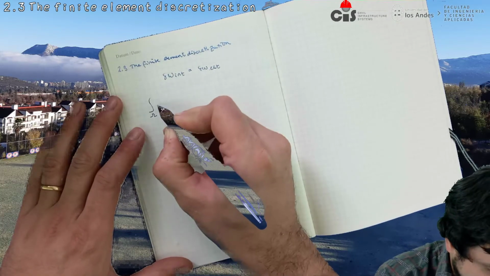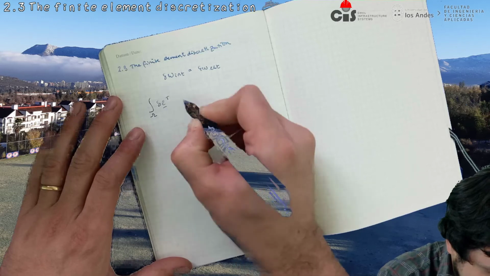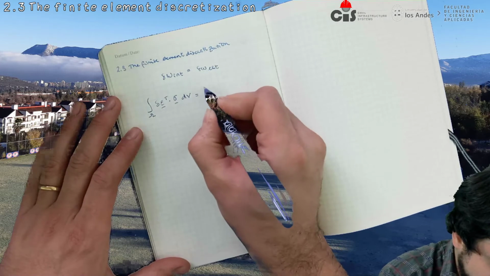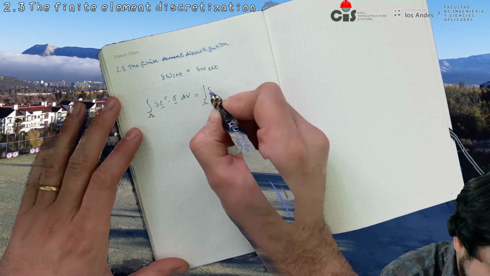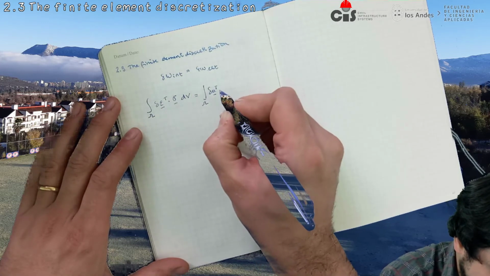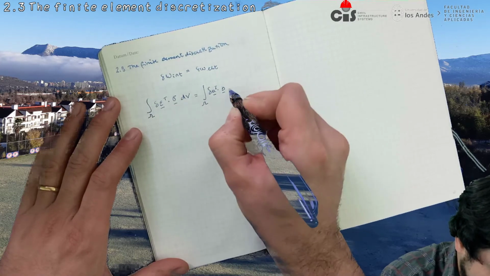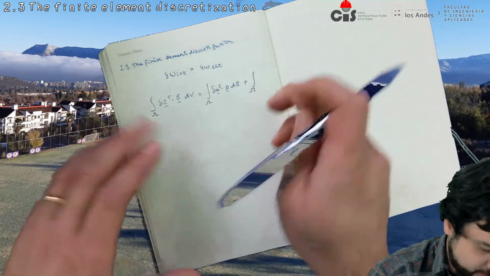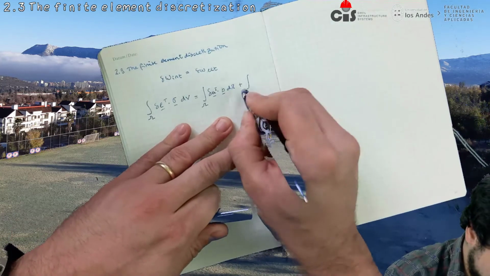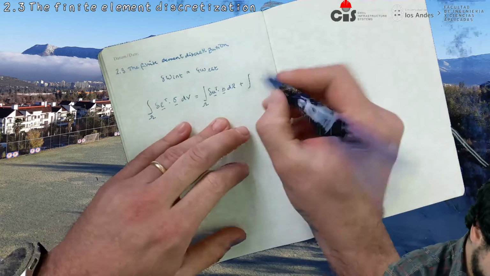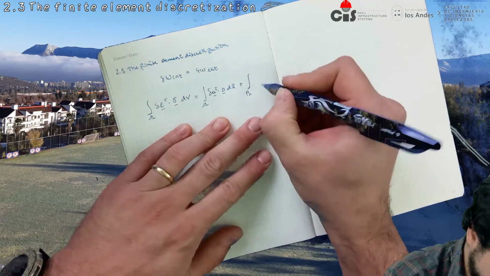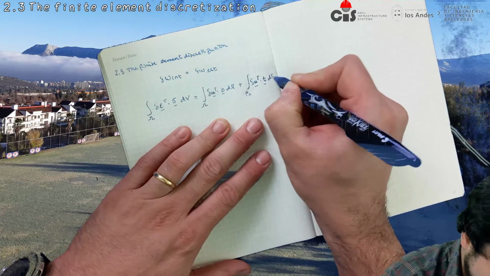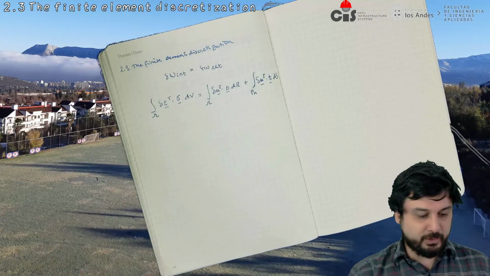Integral over omega of delta epsilon transpose sigma dV has to be equal to the integral over omega of delta u transpose b d omega, plus the term on the boundary. So on the natural boundary conditions, gamma n, and this is going to be delta u transpose t. Right, so we started from that.